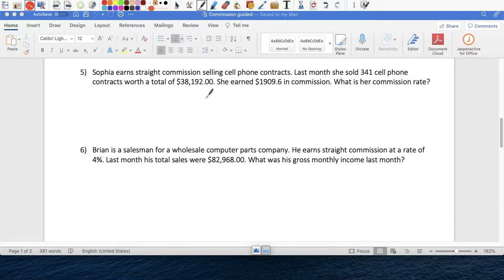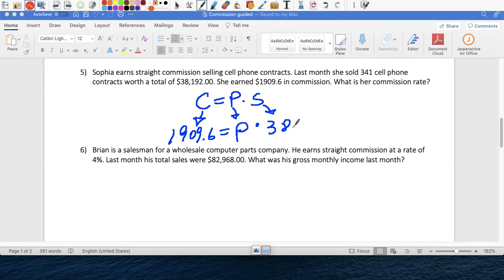Well, so again, commission, let's see what we have. We know what she took home, $1,909.60. The percent we don't know, so that's our variable. You can leave it as P. And how much were her sales? Well, we know that, it's 38,192. So, divide both sides by 38,192.